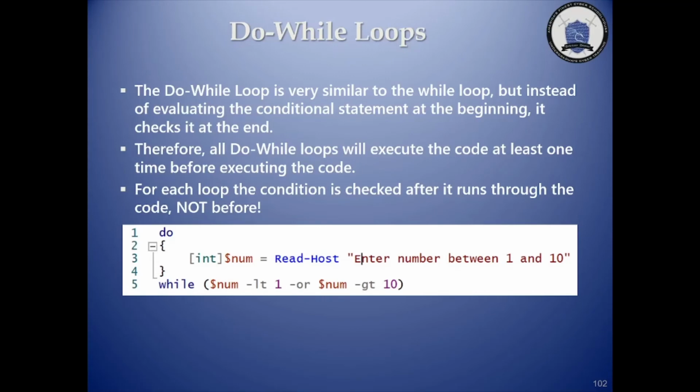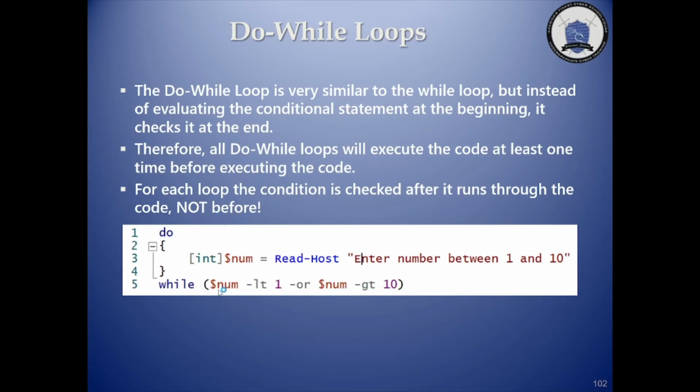So now I'll go over the do while loops. The do while loop is very similar to the while loop, but instead of evaluating the conditional statement at the beginning, up here, it actually checks it at the end. As you can see in this example, we've got do num equals Read-Host, enter number between 1 and 10, and it's going to do that while number is less than 1 or number is greater than 10.